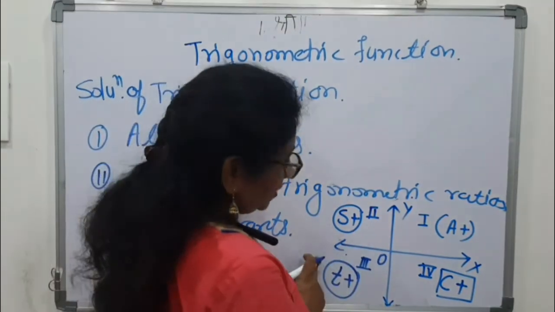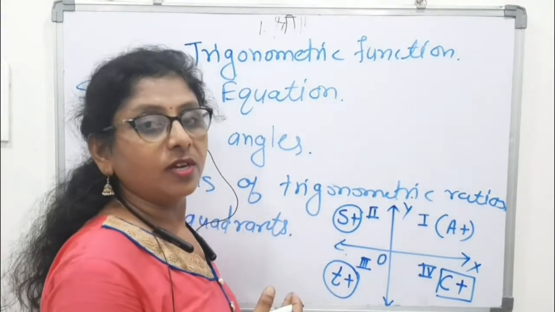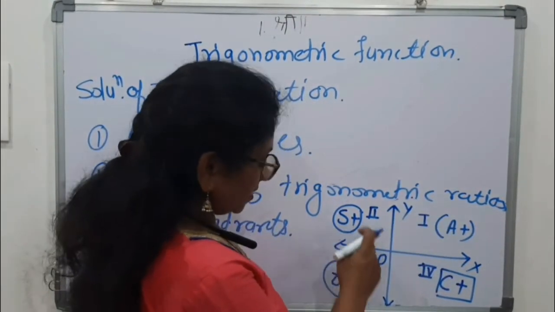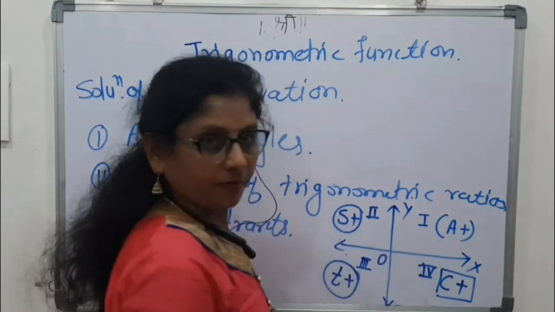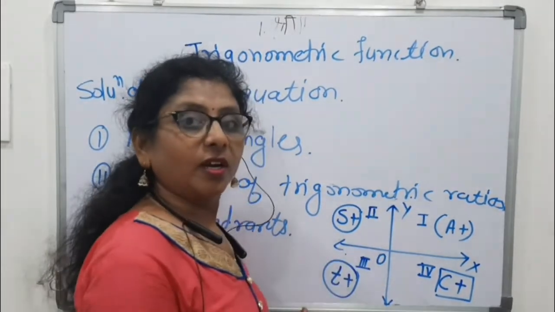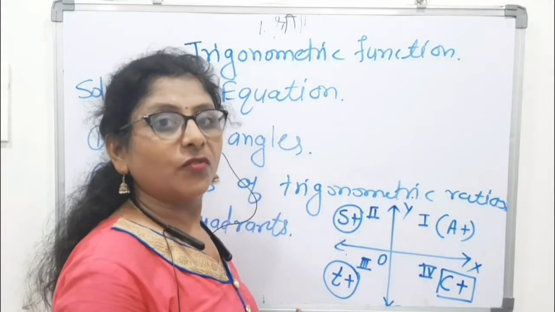When we learnt this in our schooling, we had one formula to keep this in mind: All students take coffee. Okay? If you want, you can also use this formula to learn the signs of trigonometric ratios in the quadrants.